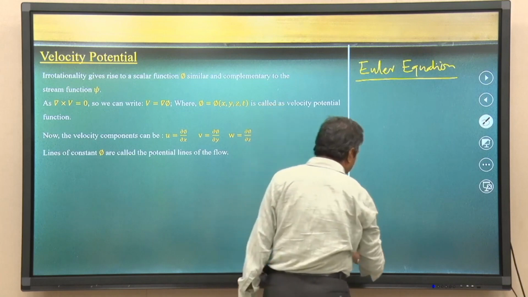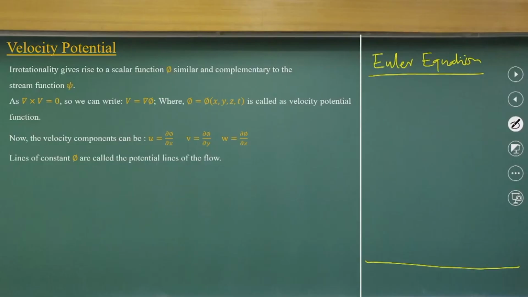That means, if you consider flow past a tall building, a high-rise building, like the tall buildings we see in most Indian cities today.